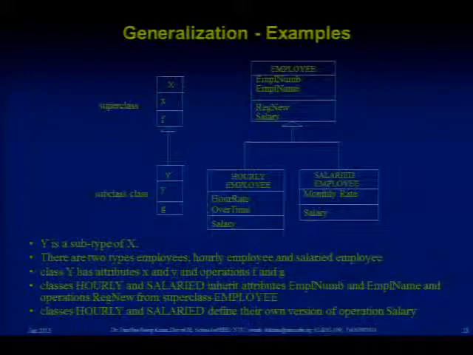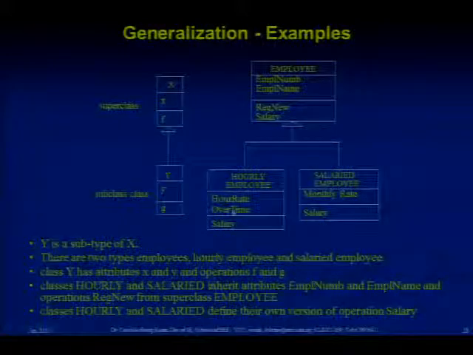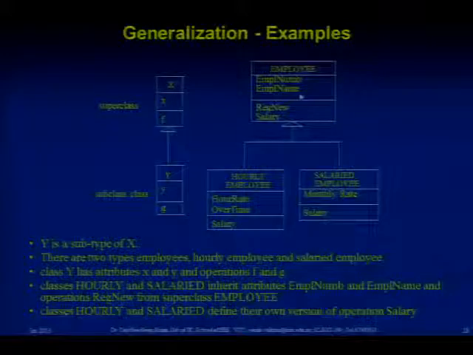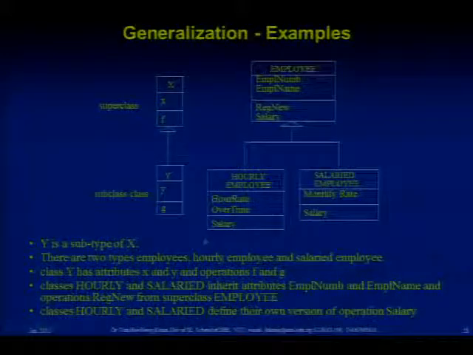Four attributes altogether: two from the general employee class, employee number and employee name, and two defined in the hourly employee class itself, hour rate and overtime rate. Both attributes from the superclass will be inherited down by default because this subclass does not redefine them again.